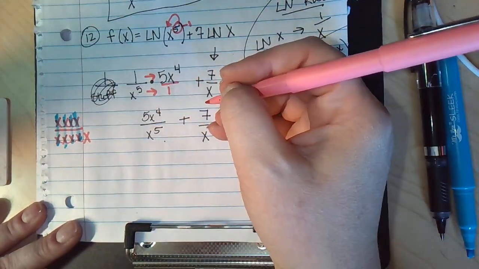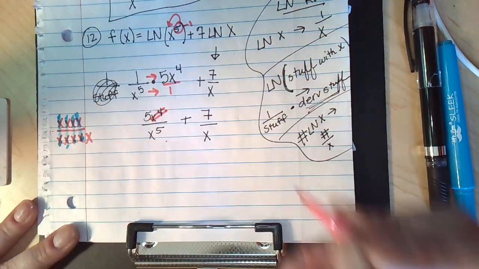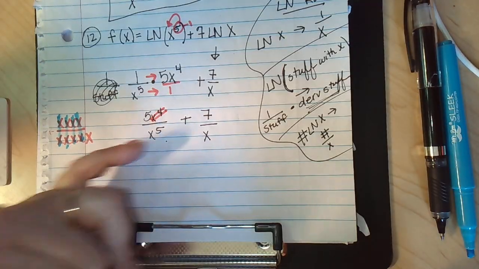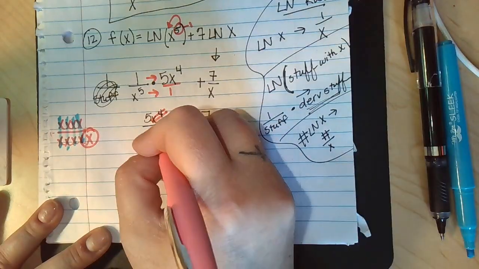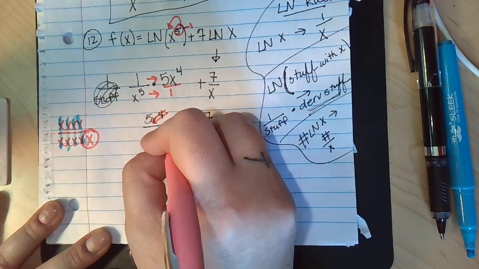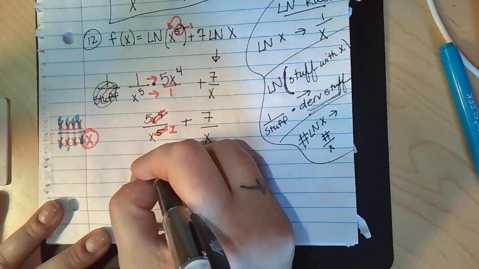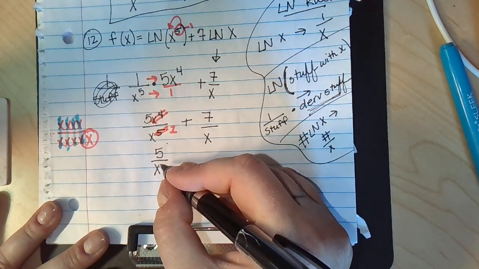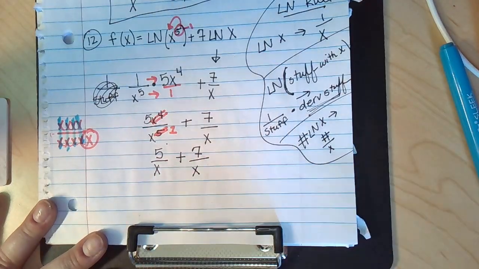Or you can say, all of those x's from the top are going to cancel out, and on the bottom there's not going to be 5 left over, there's just going to be 1. So cross out that 5 and put a 1. So this becomes 5 over x, we don't really have to put the 1, plus 7 over x.